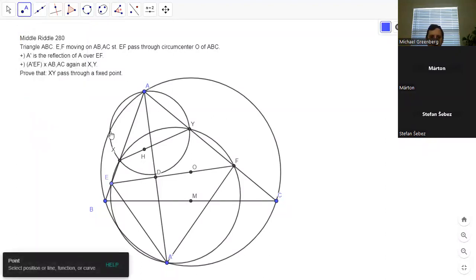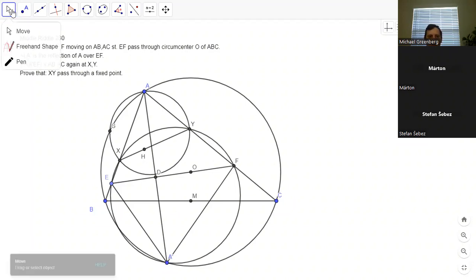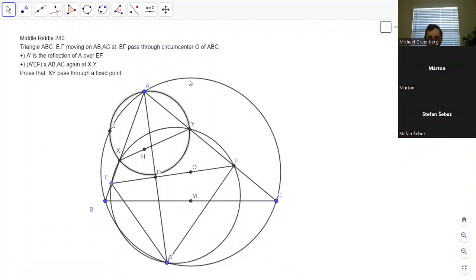So I wonder if there's anything special. GXY is similar to GBC. That's a spiral similarity. So from that we could get XY over BC, which is the ratio of the radii of this circle and this circle.